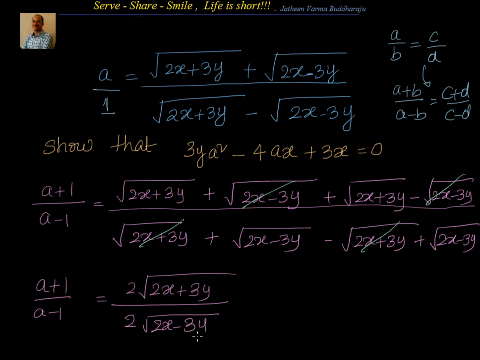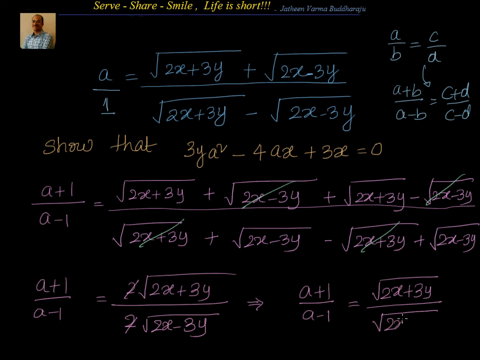We can cancel 2 and 2. We can write it as a plus 1 by a minus 1 is equal to root of 2x plus 3y divided by root of 2x minus 3y.